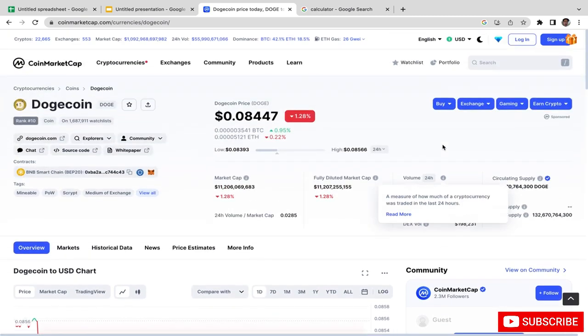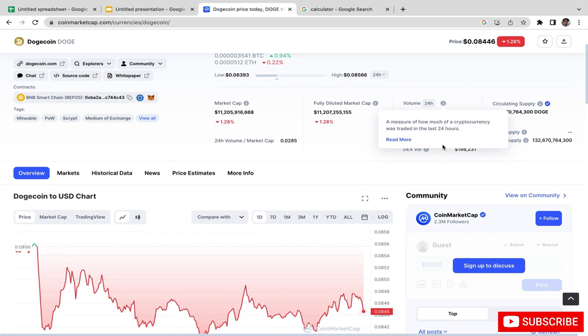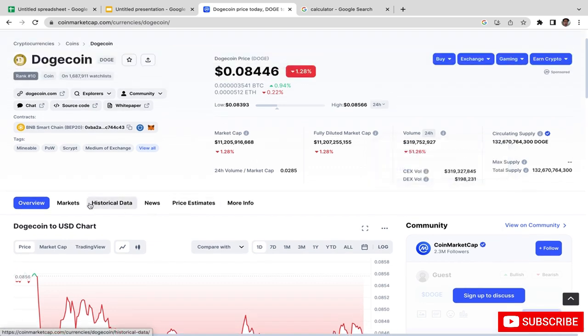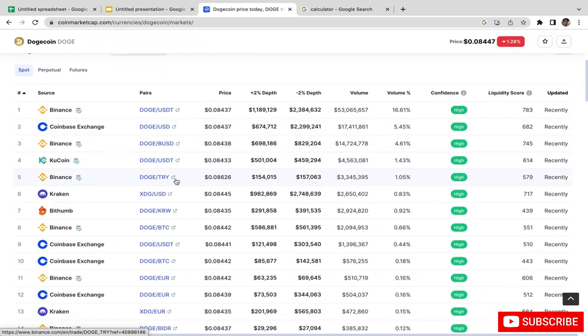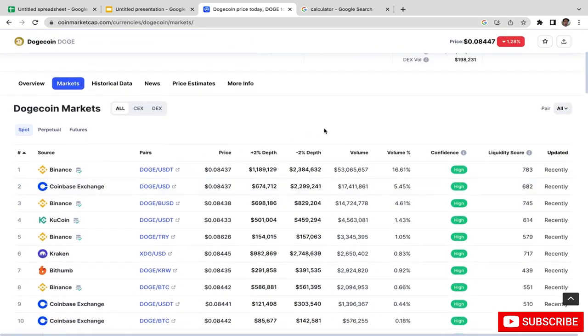Right now we're going to see if there are any arbitrage opportunities for Dogecoin. Just click on market. Don't be overwhelmed, guys. I totally understand there might be too much information displayed here.